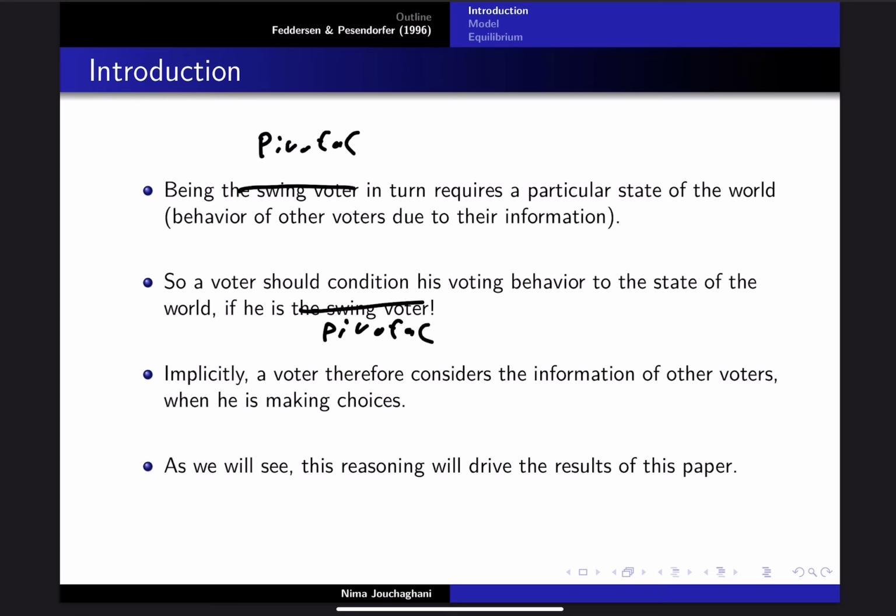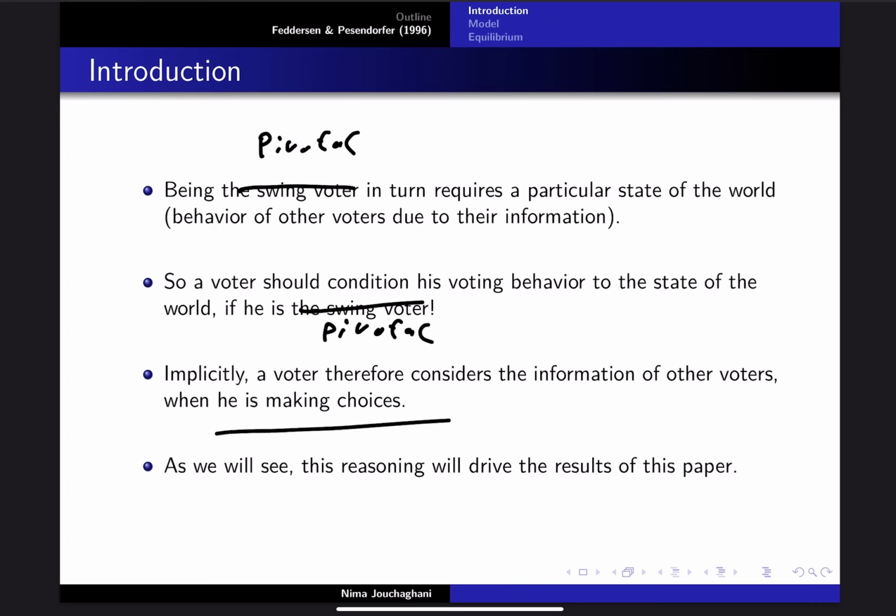If your choice matters, it is because other individuals have behaved in a particular way. And you should consider the behavior of other individuals when you are making a decision if your choice matters. That's the idea here.